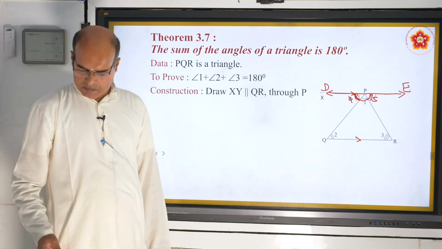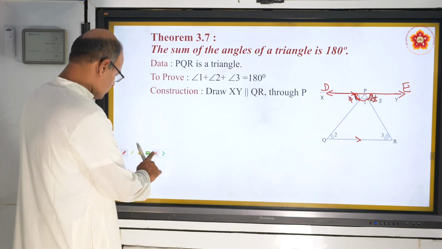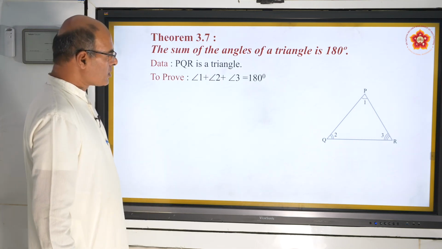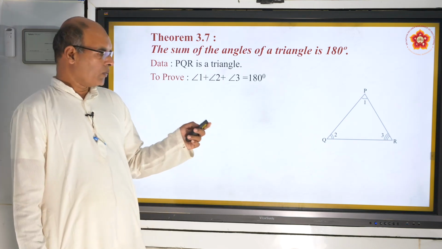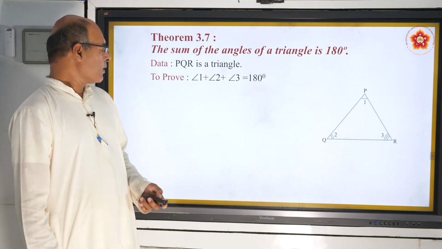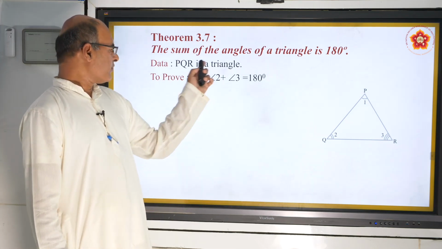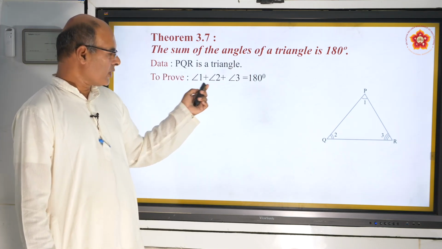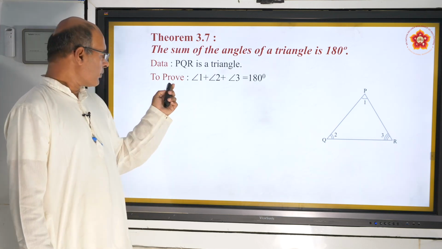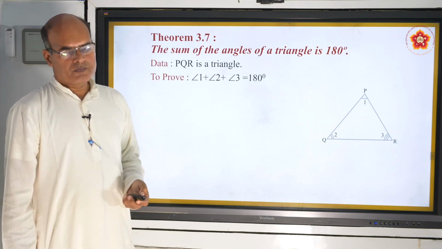Look at the steps again. First we have to assume a triangle and mark the angles as angle 1, angle 2 and angle 3. The explanation of the figure is called data. The conclusion part, what we have to prove, we write as to prove.